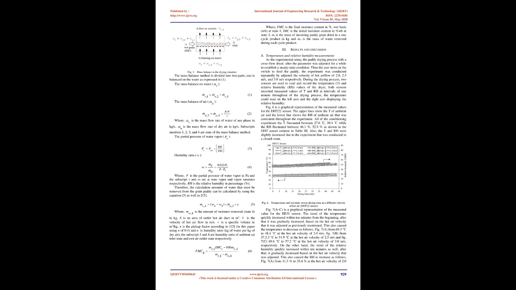For moisture content measurement of the paddy grain before and after drying, 5 randomly chosen paddy grains were taken at the entrance, inlet, and exit, outlet, of the dryer. The experiment was conducted repeatedly by adjusting the velocity of hot airflow to 2.5 m/s and 3.0 m/s respectively.